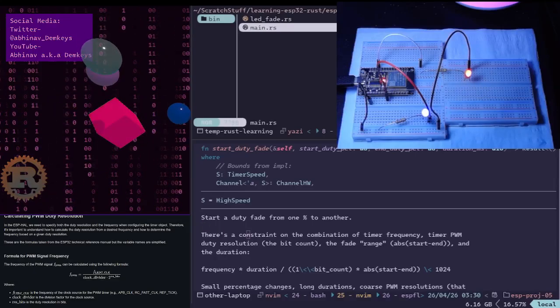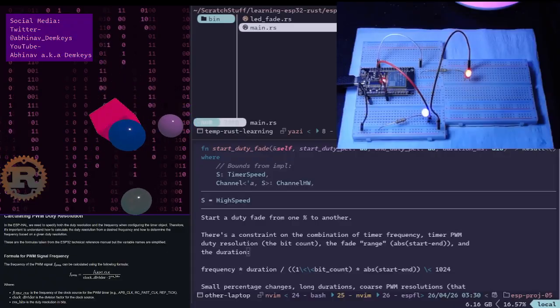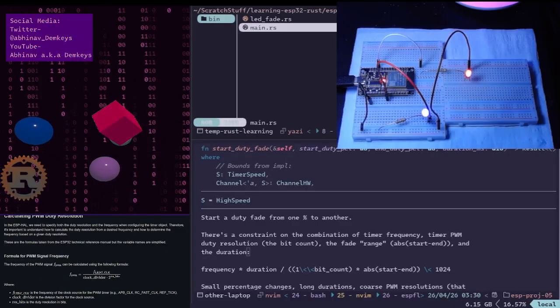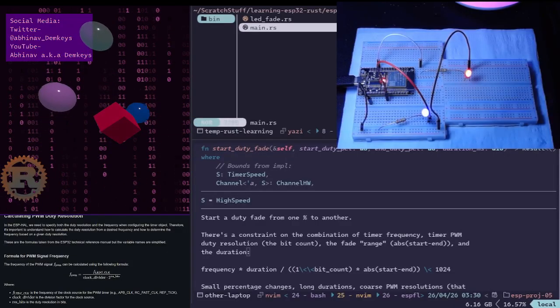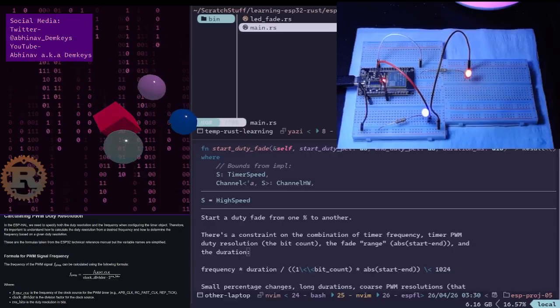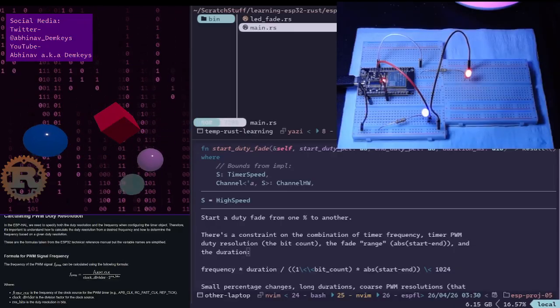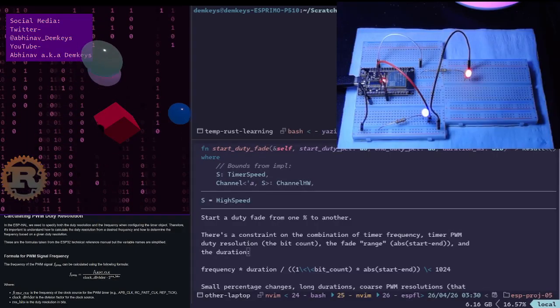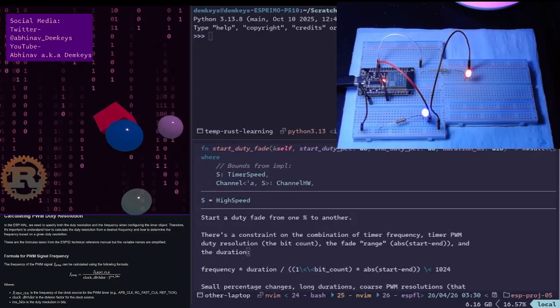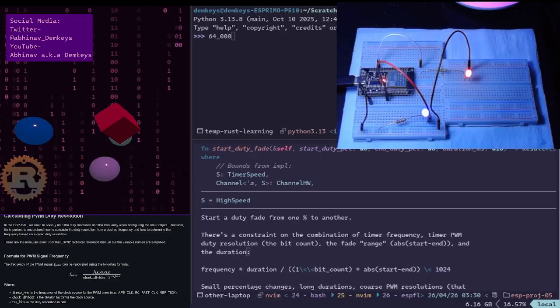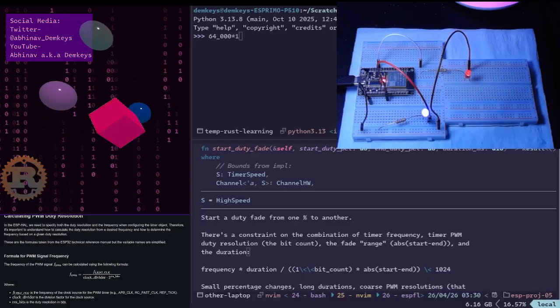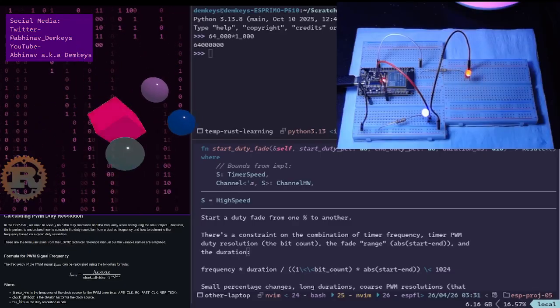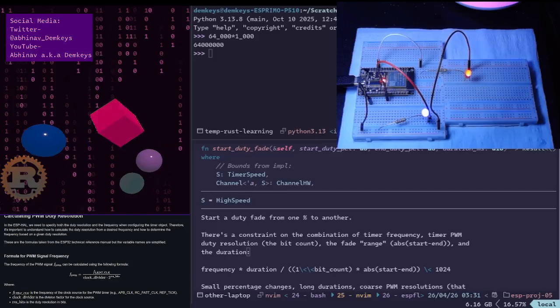So 64,000 multiplied by 1,000, so 64 million. Is that right? Do I have Python open here? No, let's open it up. 64,000 multiplied by 1,000. Yeah, that's right. Three zeros, three zeros. So 64 million.